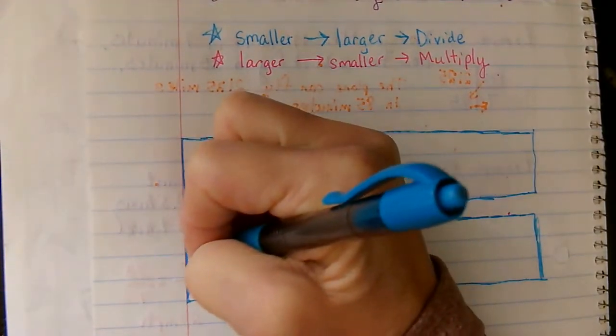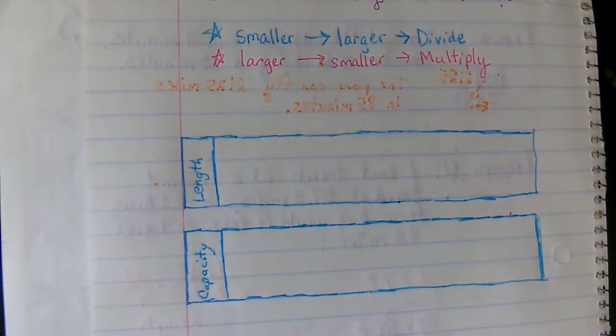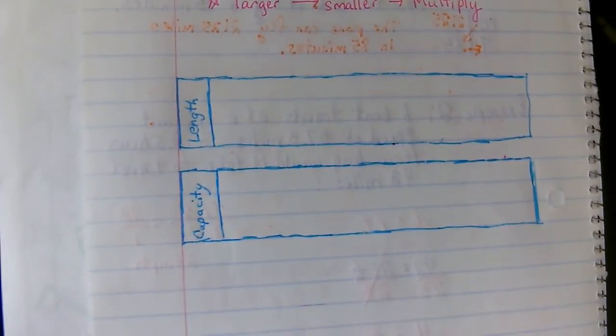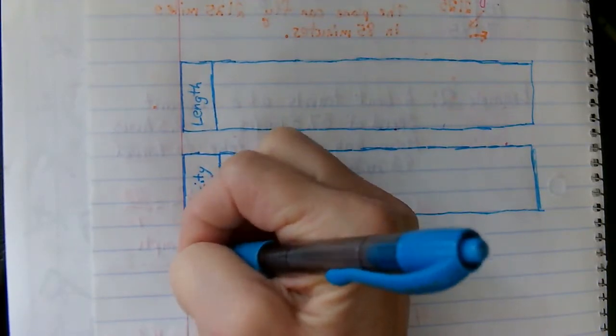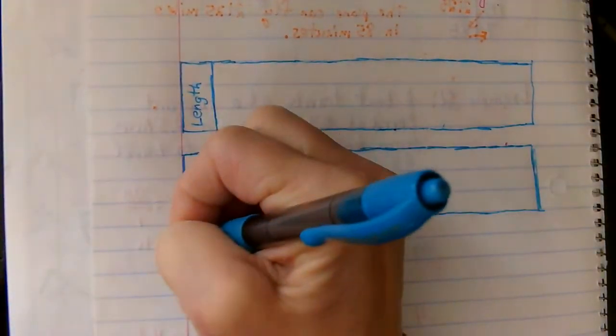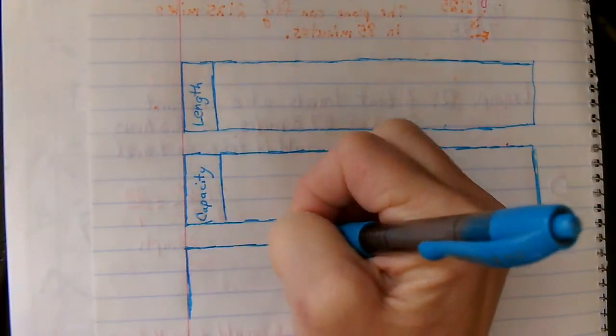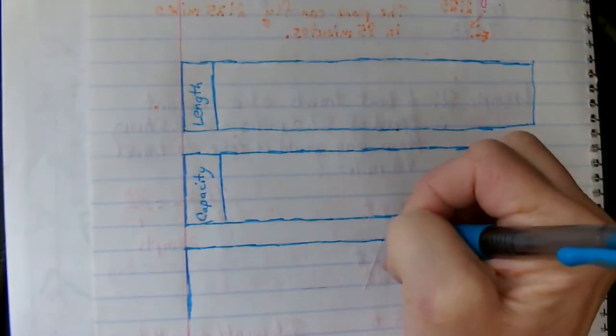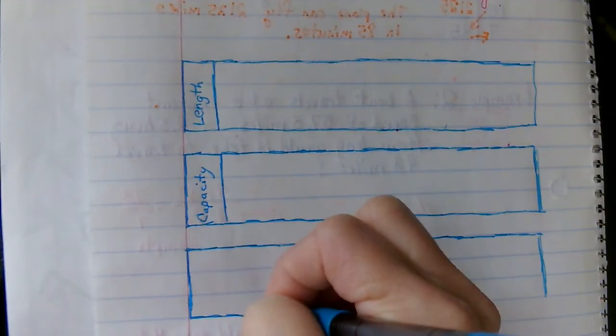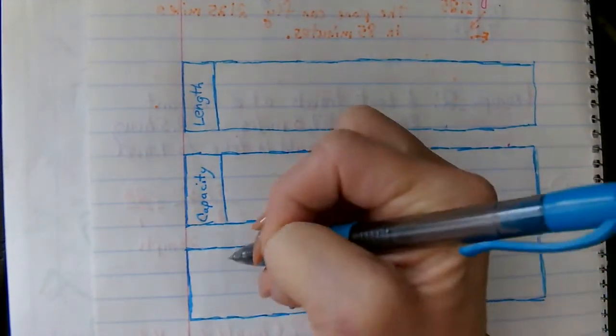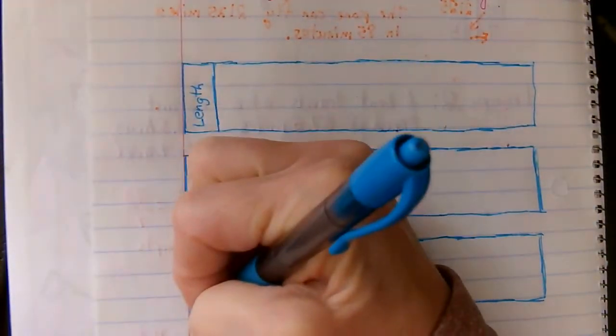C-A-P-A-C-I-T-Y. Okay. And one more. Set of 3 here. And we're going to name this one weight. Alrighty, write weight here.